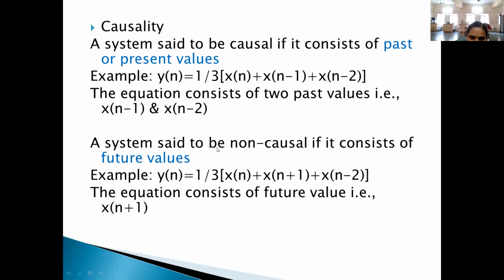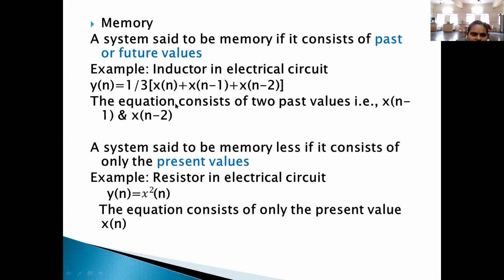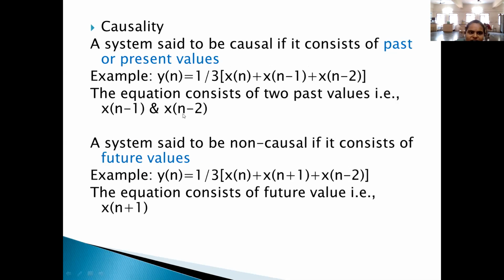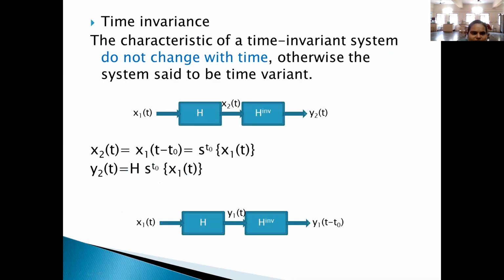For that reason, the system is taken as non-causal. When you get a future value in the given equation, then you have to tell that the system is a non-causal system. Memory means past and future, causal means past or present value. This is about causality.